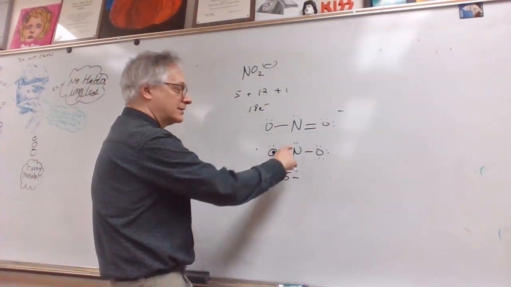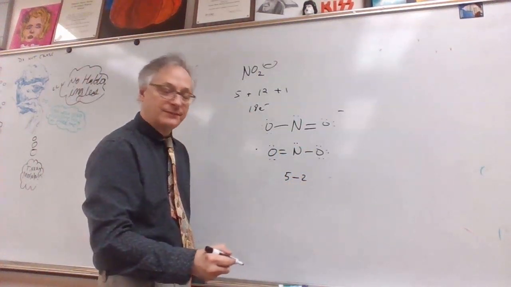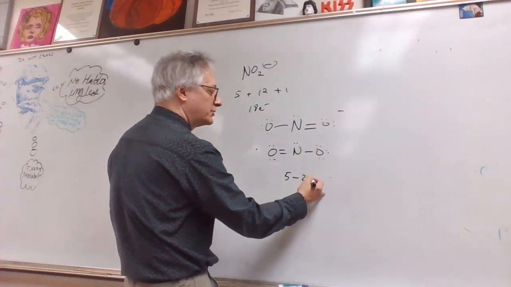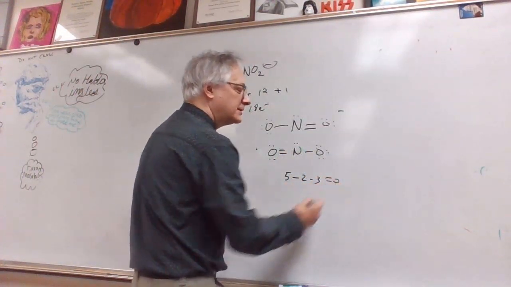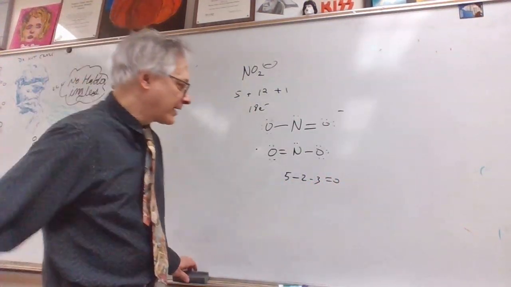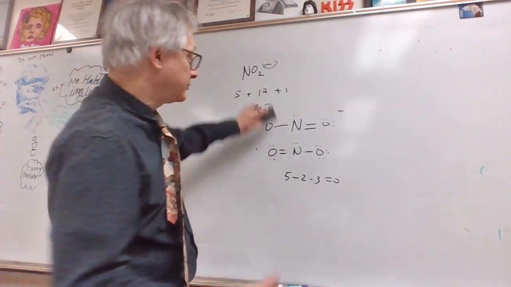I'm going to subtract 2 for the non-bonding electrons. And then 2, 4, 6 divided by 2 is 3, minus 3. So 5 minus 2 minus 3. That's a 0 formal charge on the central atom here. Okay, so that one is not going to be the answer.